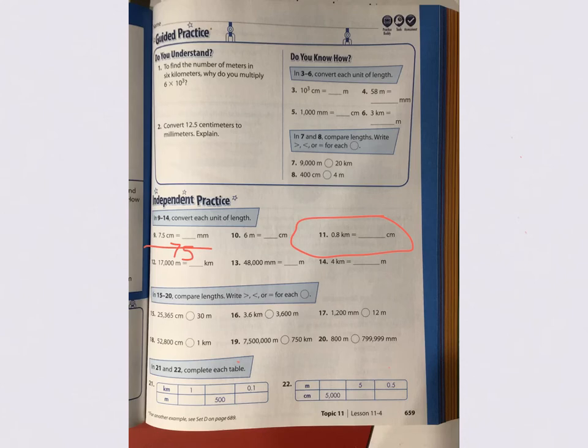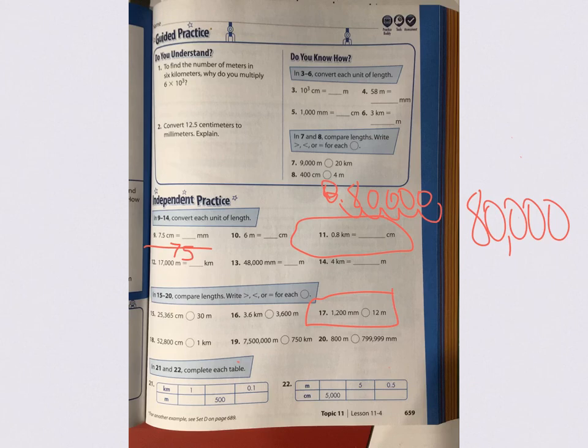So I need to move the decimal point 5 spaces. So 0.8, 5 spaces. I'm going to have to add a few zeros here. 1, 2, 3, 4, 5. So it's going to be 80,000 centimeters. Sorry, I got that incorrect. You were correct on that. So it's 80,000 centimeters.